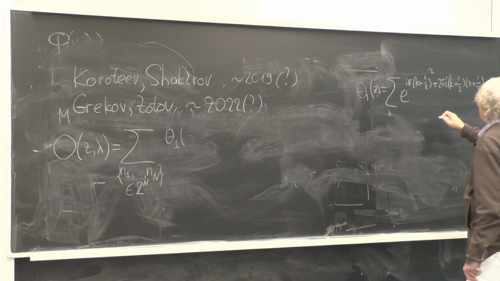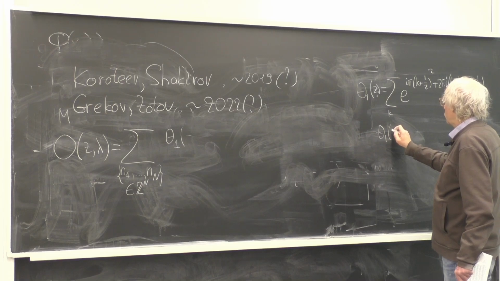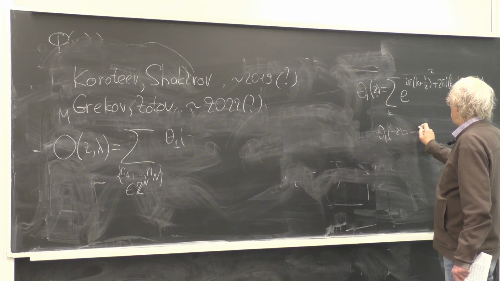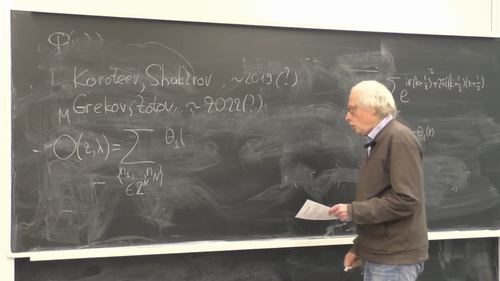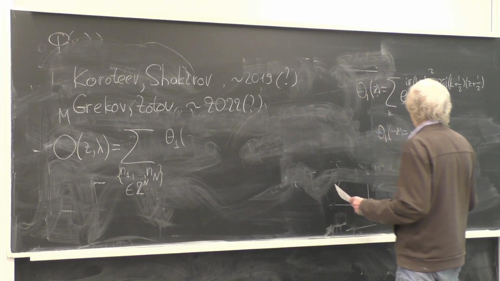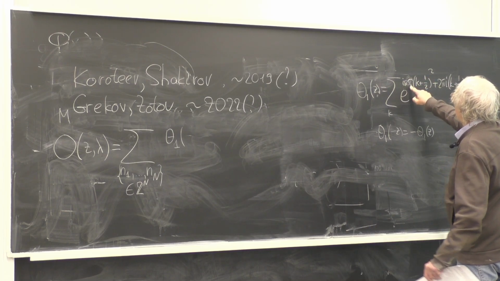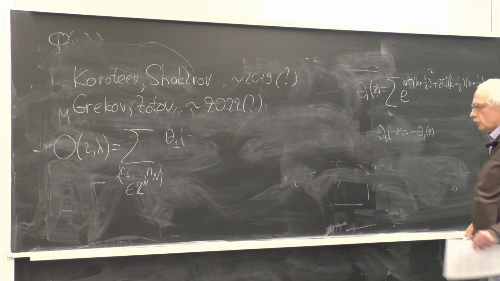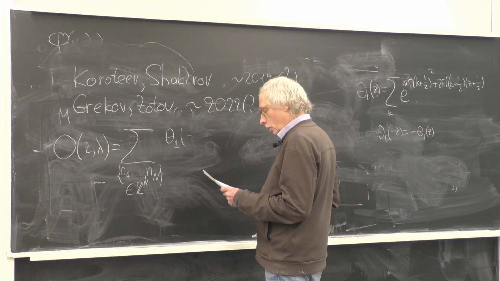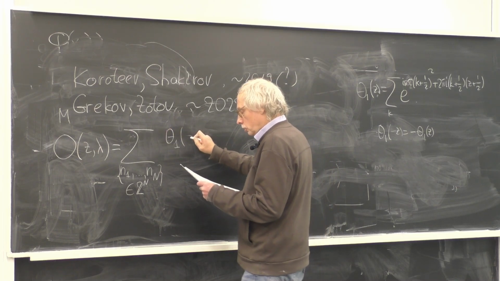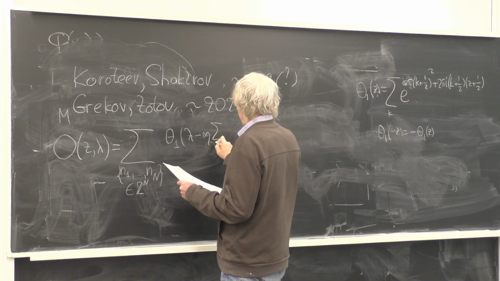This is an odd function, having a simple zero at the origin. And I forgot the most important thing, the parameter tau. These functions have tau as elliptic modulus.